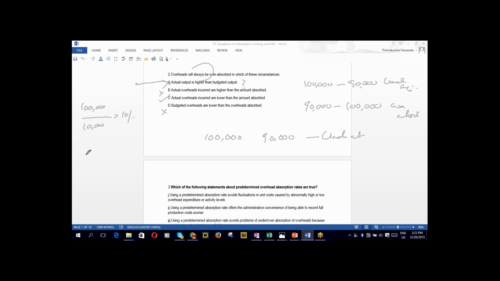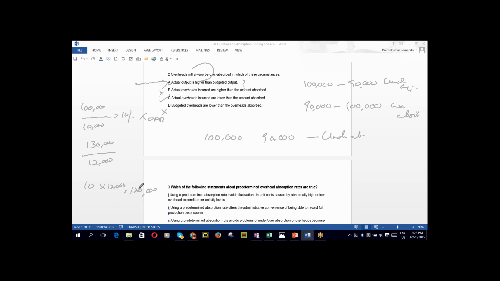Budgeted output is, let's assume, 10,000, but the actual output is 12,000. But let's assume that your expenditure also has gone up. Expenditure is actually 130,000. So you will absorb it at the rate of 10, because that is the standard overhead absorption rate. 12,000 actual units, you will absorb 120,000.